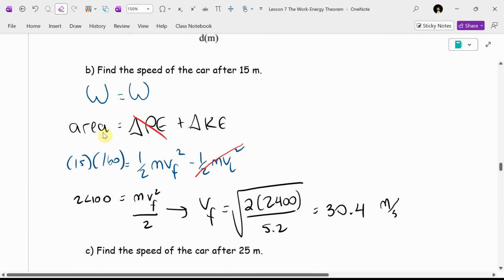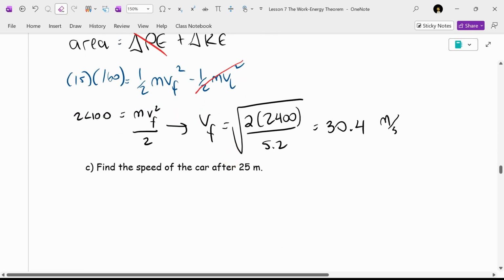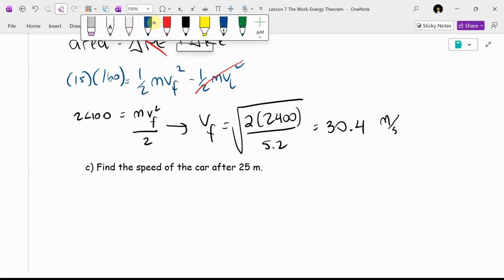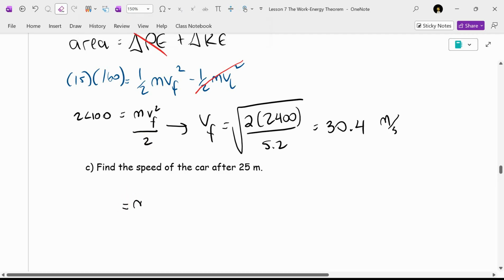I would say the area is going to be the change in potential plus a change in kinetic. I would say we're still on horizontal. Change in anything is final minus initial. We're still starting from rest. I think it's still going to be mv squared over 2 on the right-hand side. On the left-hand side, it's going to be 2400 plus the triangle area.